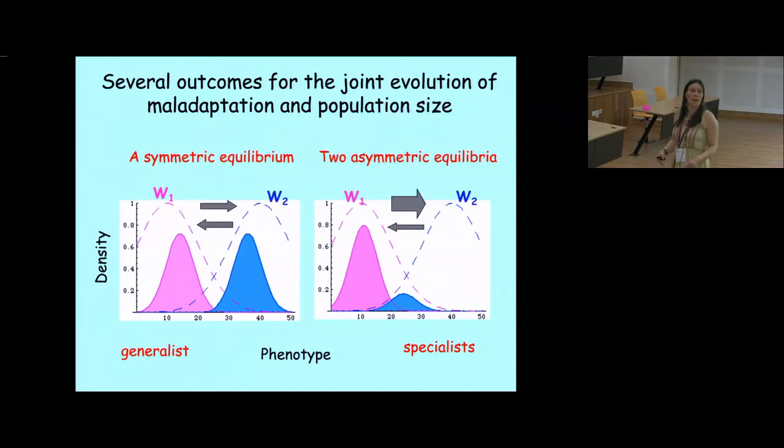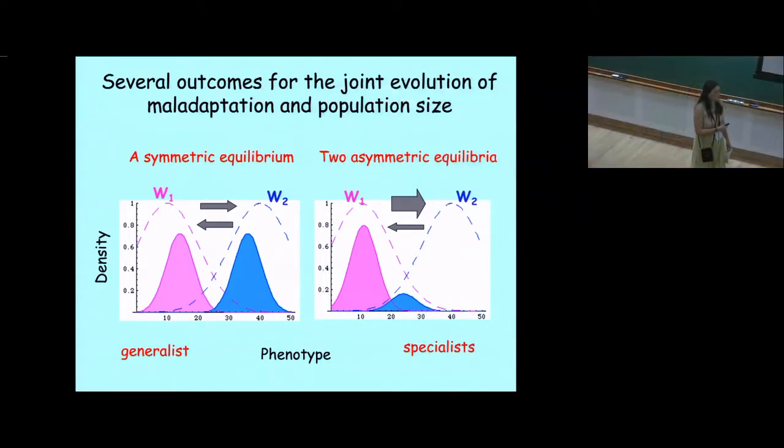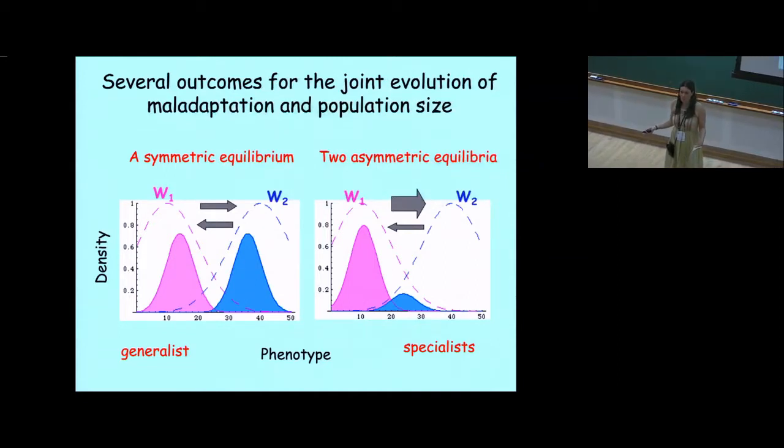So we can end up, as an outcome of joint evolution and demography, in a situation where we've got the same density of butterflies on the two types of hosts and the same degree of maladaptation everywhere. So we consider, in this case, the species to be a generalist species because it's exploiting the two host plants in the same way.